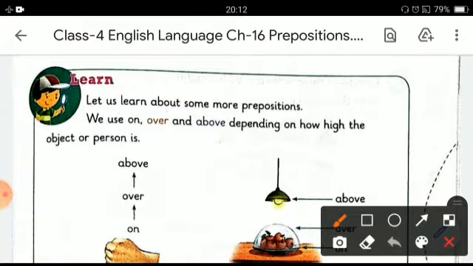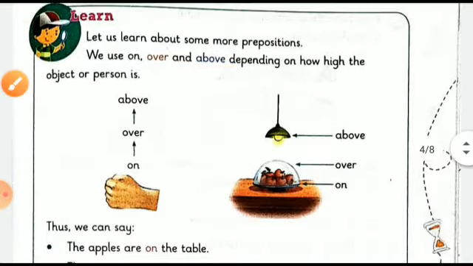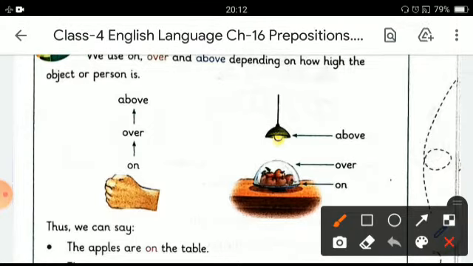Now let us learn about some more prepositions. We use on, over and above depending on how high the object or person is. So let's see an example given here. On tells us about the high, over tells us about higher, and above tells us about the highest position of any person or any object.